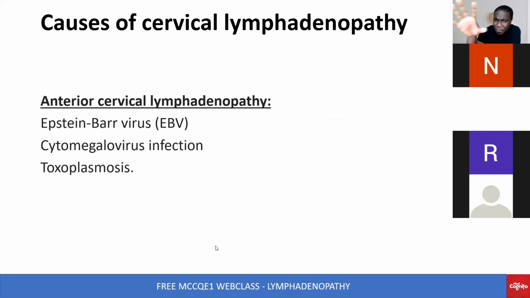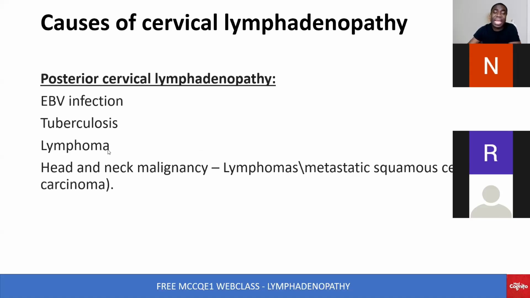That should point you to a particular differential like Epstein-Barr, cytomegalovirus, toxoplasmosis. And if it is in the posterior cervical lymph node groups, then you're looking at things like tuberculosis, lymphoma, head and neck malignancy, metastatic squamous cell cancers.